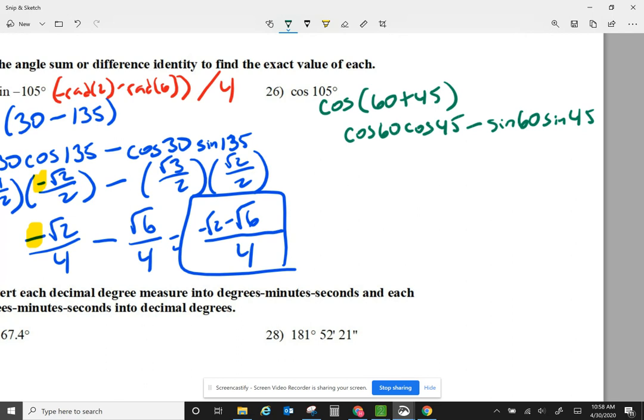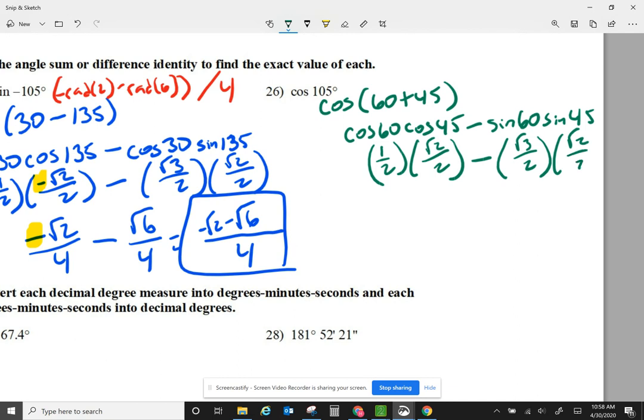Now using the unit circle, cosine of 60 is 1/2. Cosine of 45 is radical 2 over 2, minus sine of 60 is radical 3 over 2. Sine of 45 is radical 2 over 2.